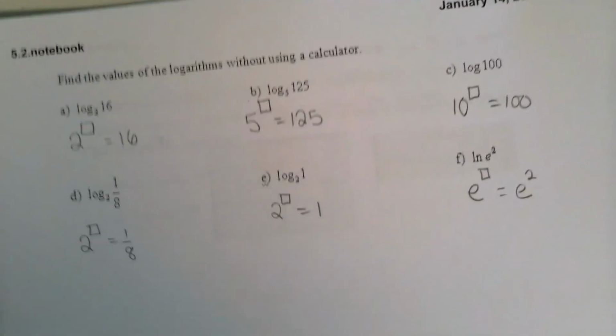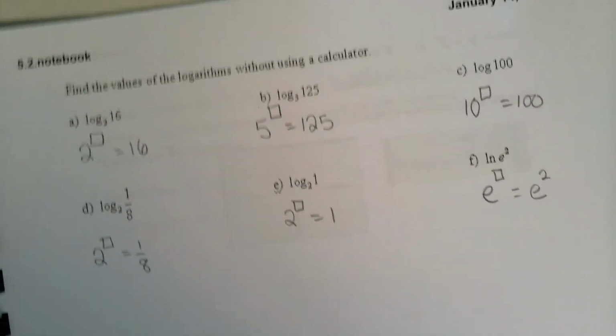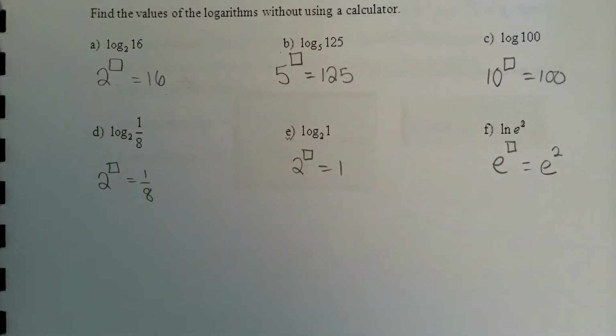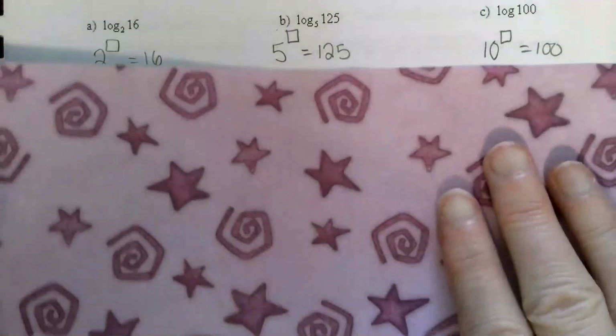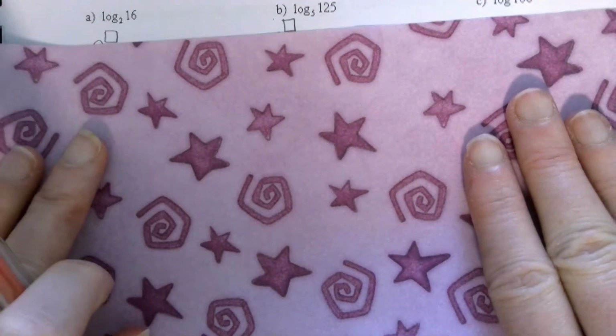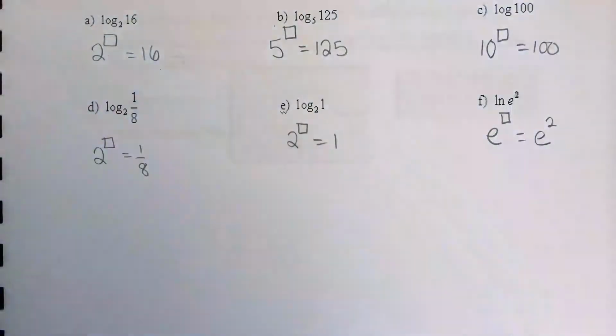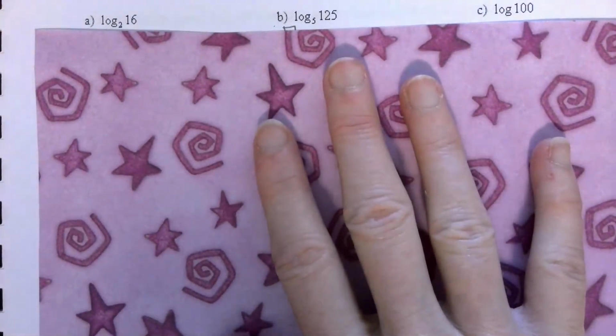So let's look at some statements here, different bases, and just what these mean and how we can get some values without using our calculator here. So first off, log base 2 of 16. Let me move this. Log base 2 of 16. Now what does that really mean?